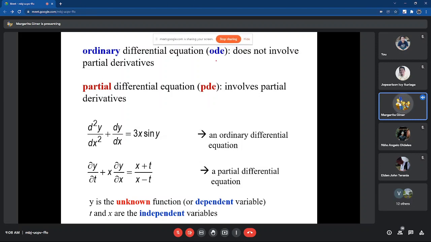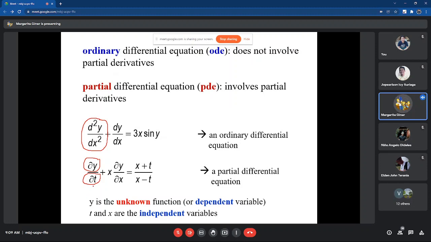So, an ordinary differential equation does not involve a partial derivative. So take note, if it is an ODE, it has no partial derivative. What is the symbol of a partial derivative? You have encountered this in integral calculus and differential calculus. This is the symbol for a partial derivative, and this is the symbol for the ordinary derivative. The symbol of the partial derivative is different from the symbol of the derivative.